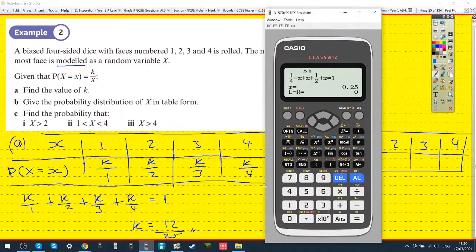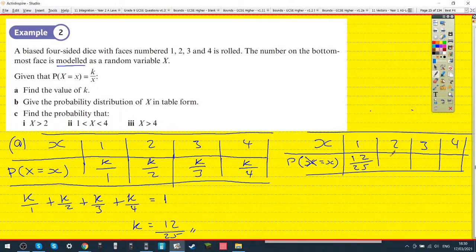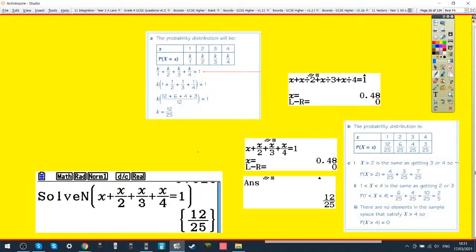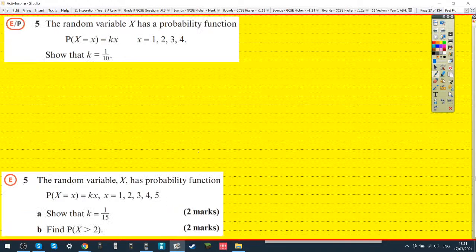So now put into your calculator 12 over 25 divided by 2. 6 over 25. Okay. Then 4 over 25. And 3 over 25. And then you can use that to get probabilities. Alright, 12, 6, 4, 3. Great. Alright. How about this?